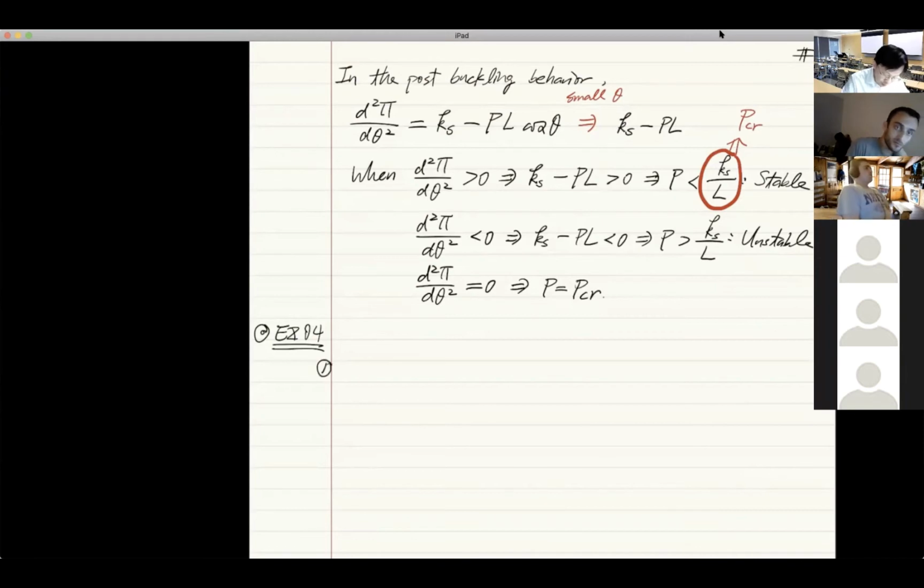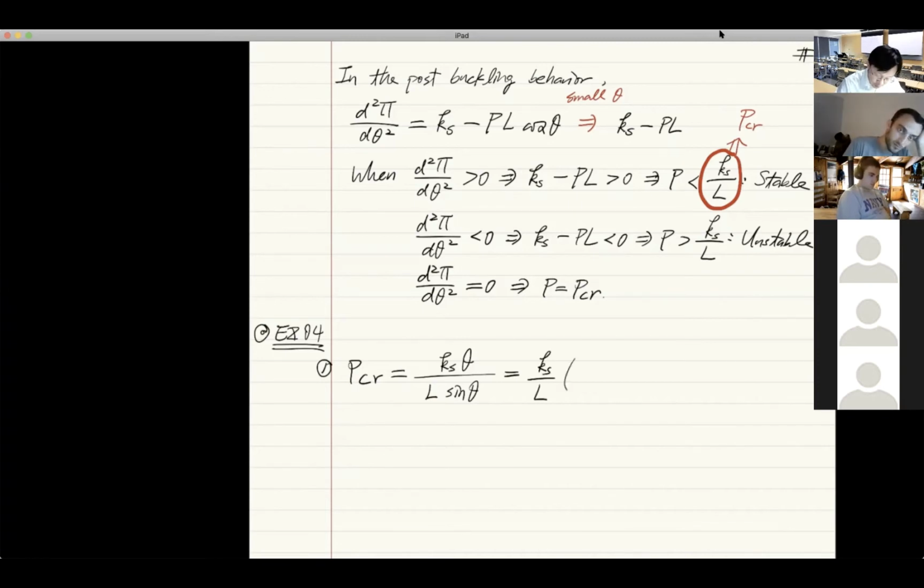You already know that PCR is what? Is Ks times theta over L over sine theta, right? There's no approximation. It's just like this. So compared to the critical load that we found by using small deflection assumption, this is only different by a ratio.